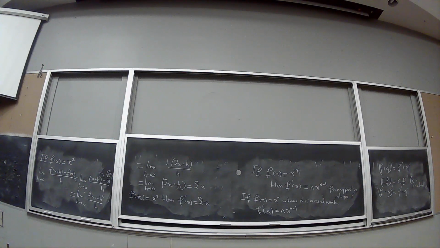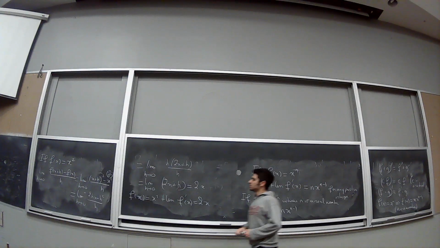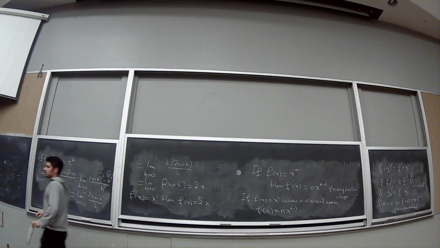Things like that we will not worry about for now, but pay attention that if f of x is x to the n, then f prime of x is n times x to the n minus 1. n is a number. n is not a function of x. n is just a number. Okay, enough said now. Let us try to do some examples.